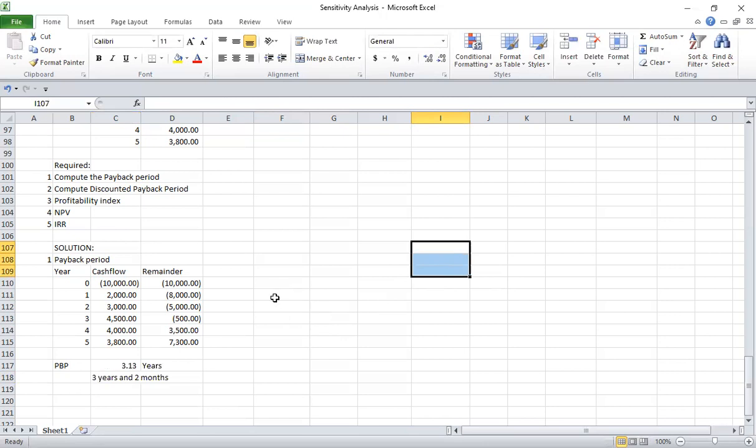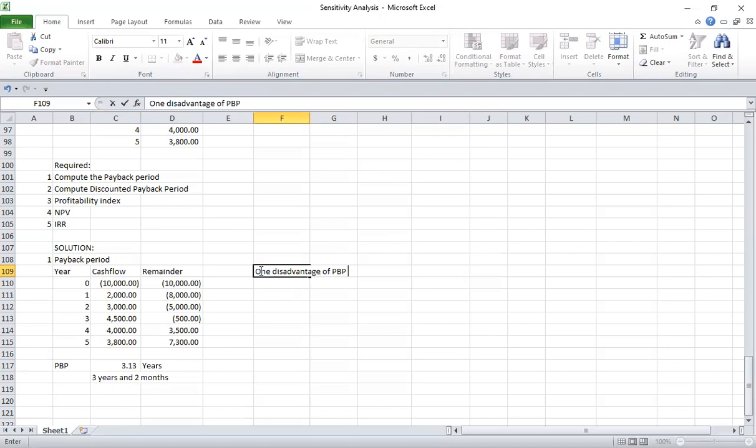Now, one of the main disadvantages, or rather just one disadvantage of the payback period.